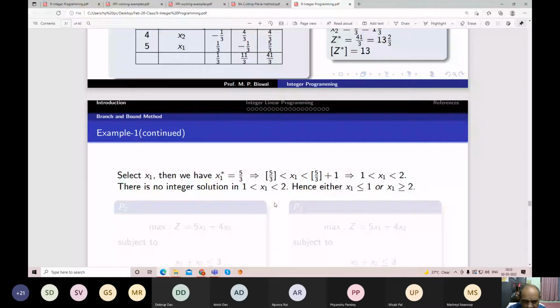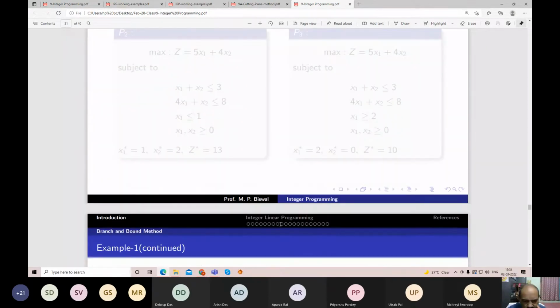If this cannot include any integral solution, then which interval will include? So the complement. Here x1 has to be less than or equal to 1, or its complement, greater than or equal to 2. These are two different cases: x1 less than or equal to 1 and x1 greater than or equal to 2.